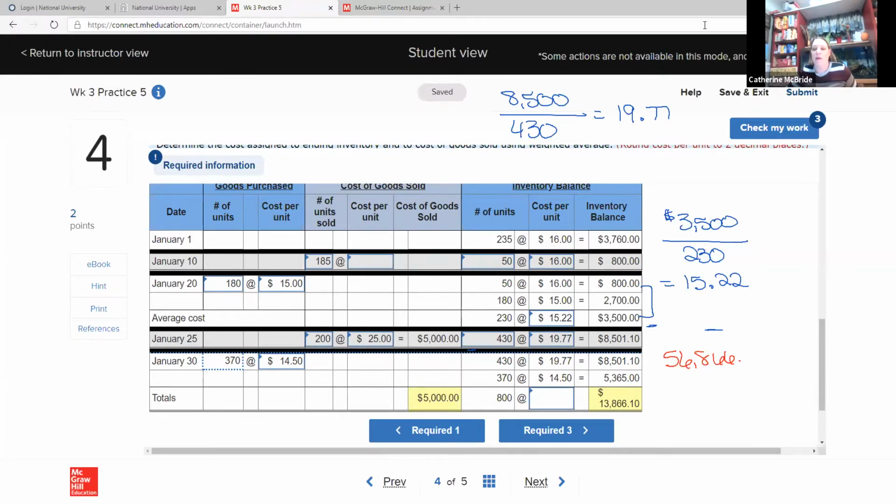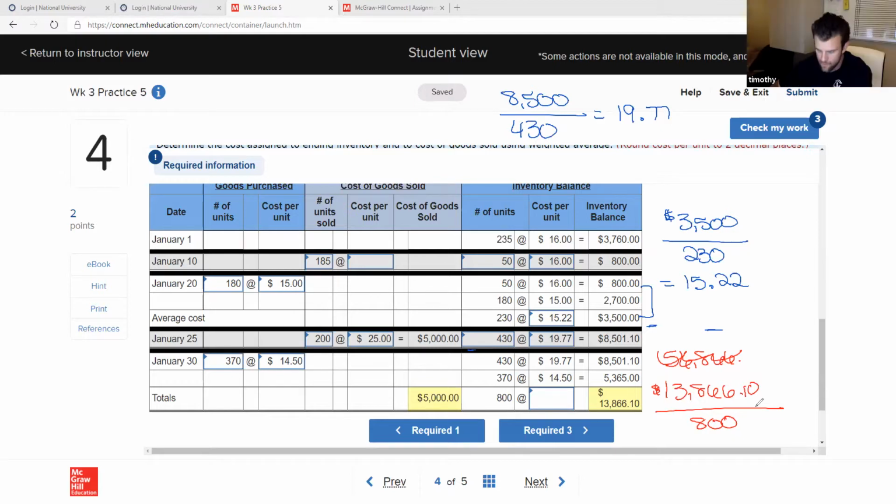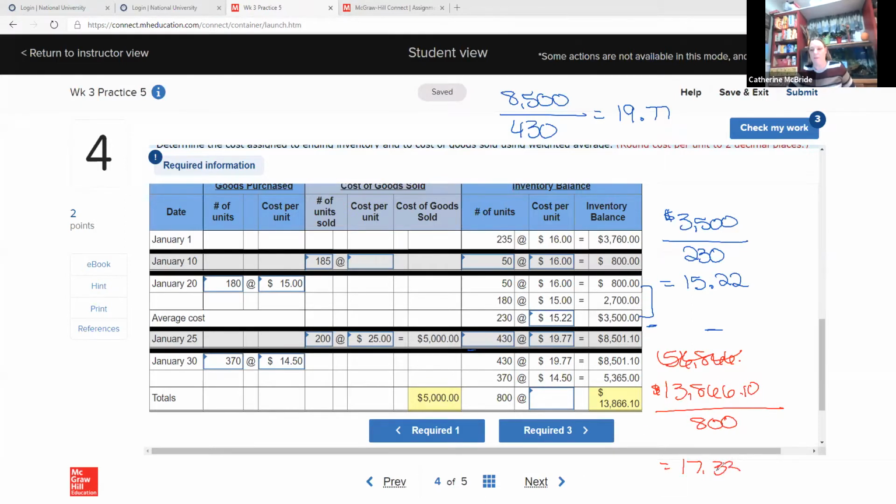Okay, so now I have $13,866.10 that I paid for a total of 800 units. So that's an average of $17.33. So that's the amount that I'm going to use.